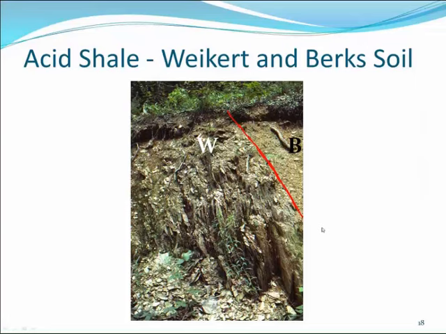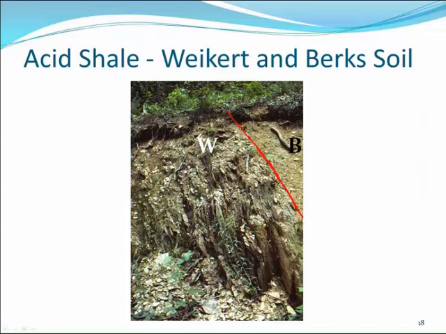Again, in these ridge and valley, we have the Berks and the Weikert series discussed earlier. The Berks, again, the deeper soil. The Weikert is the shallower soil over shale. The difference being that in the Appalachian Plateau, when we discussed these two soils, we showed that the bedrock was horizontally bedded. Here, the bedrock is nearly vertically bedded.